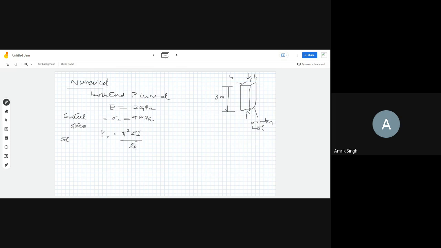In this case, LE is equal to L, so it is 3 meters.